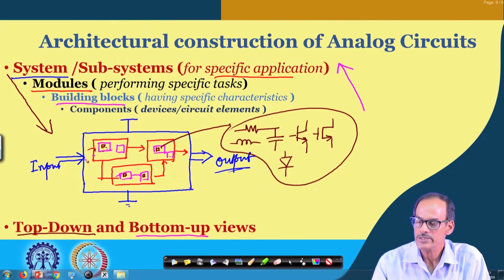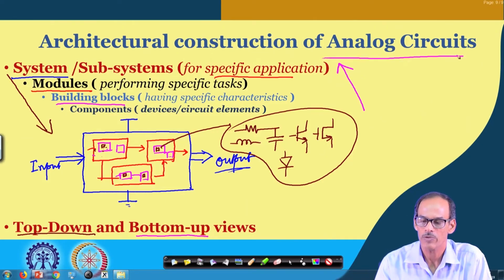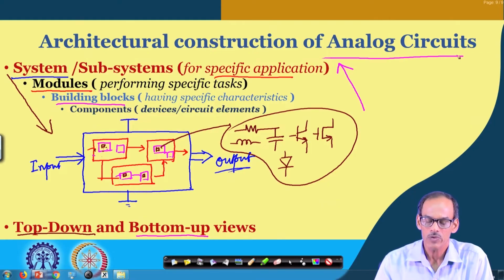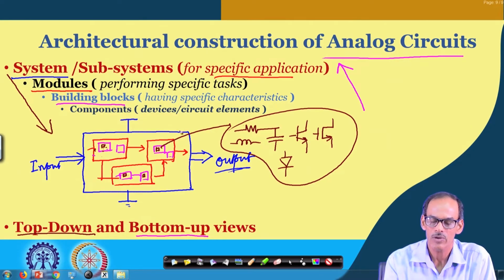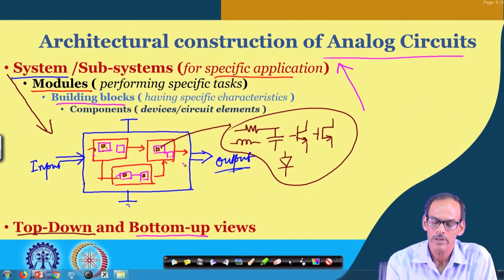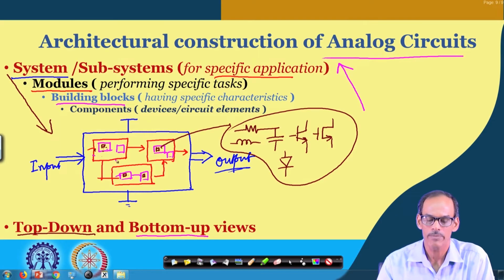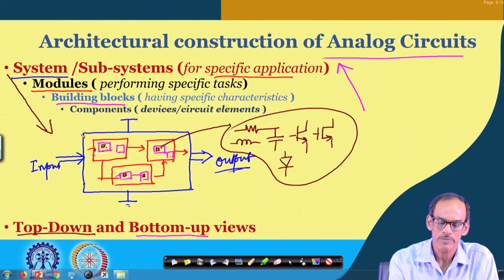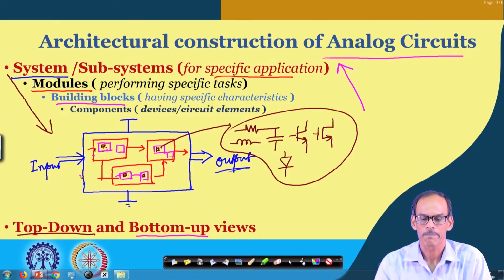For analog circuits or analog systems, it is better to have a fair understanding of this architectural construction, so that whenever any discussions happen, related to components or building blocks, you should be able to correlate how those blocks are important to achieve something at the system level.